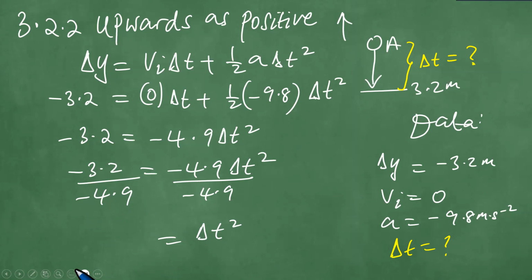Please continue, you need to use your calculator. What is 3.2 divided by 4.9? It's 0.65. Yes, good, well done. 0.653 thereabout. So we're still looking at 3.2.2.